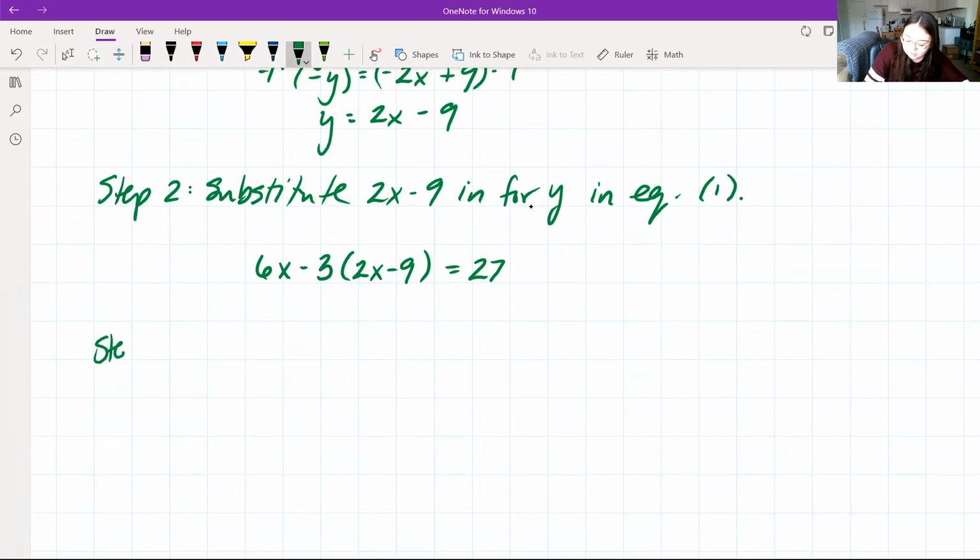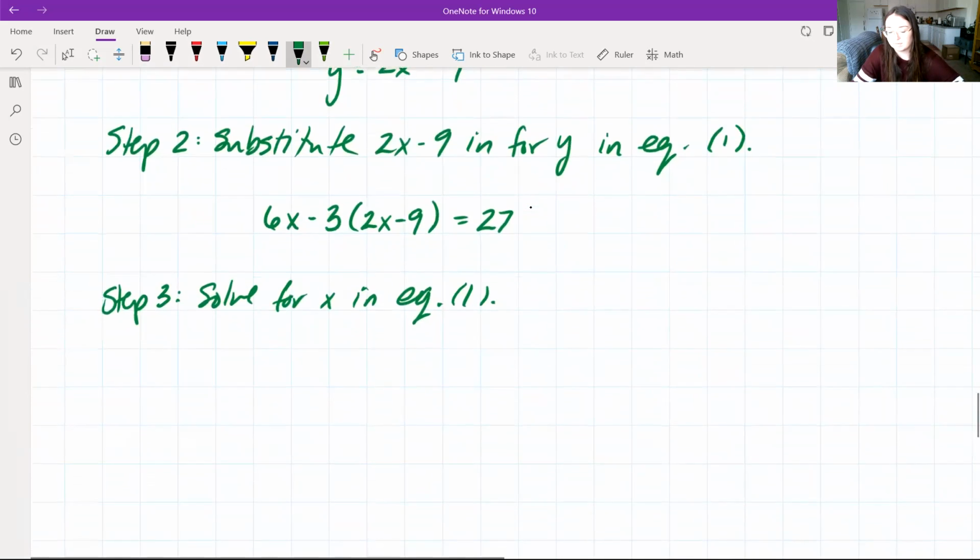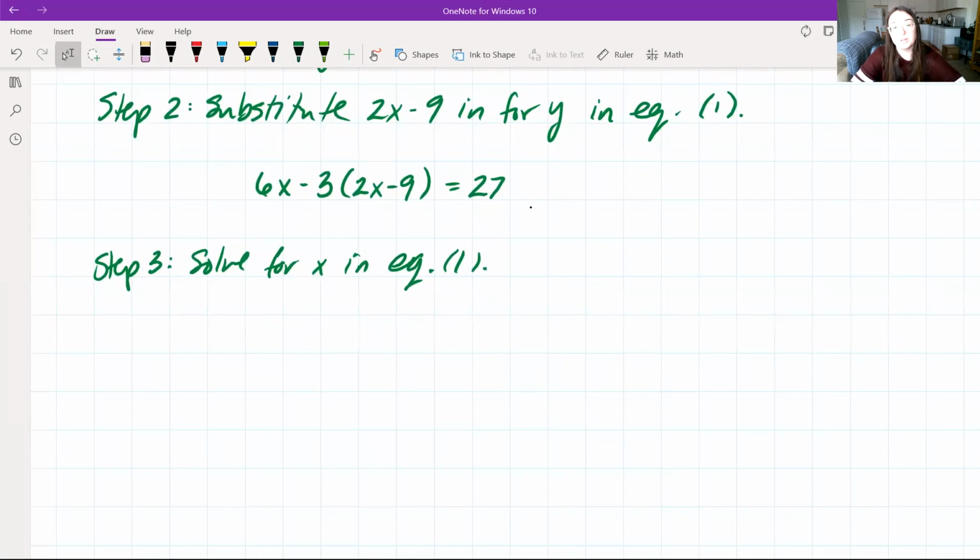And step 3, we want to solve for x in equation 1. So we're solving for x in this case. So we want to simplify. We have a 3 being distributed into our expression here. Remember, we can also think of our minus 3 as a plus -3.